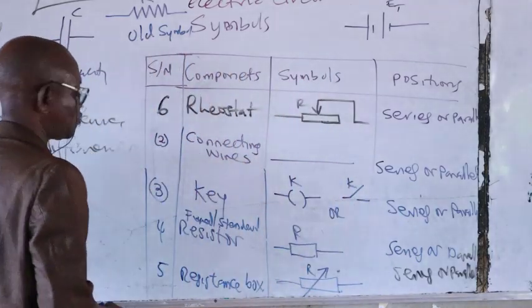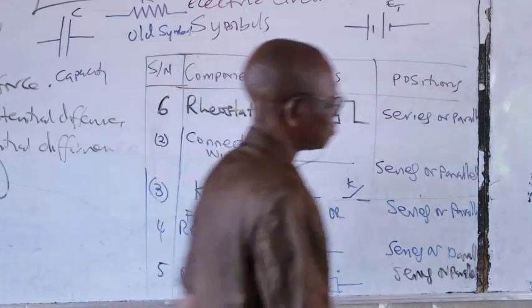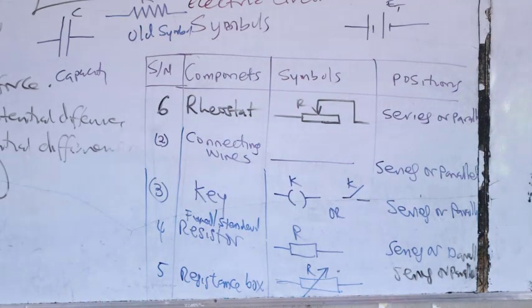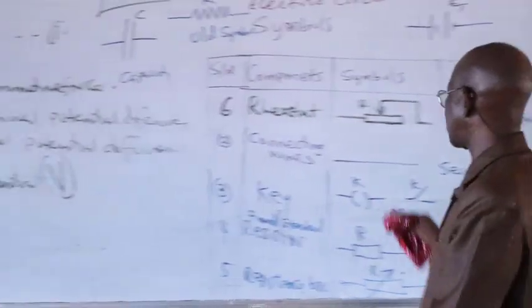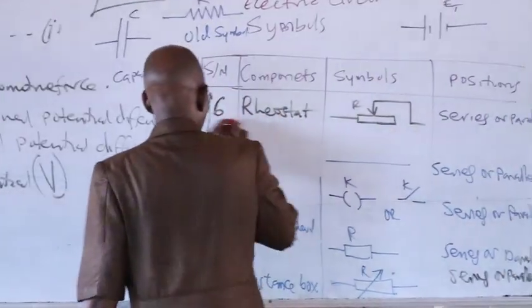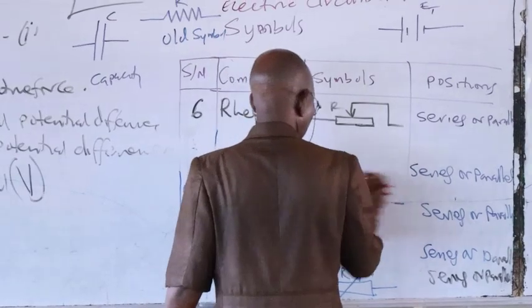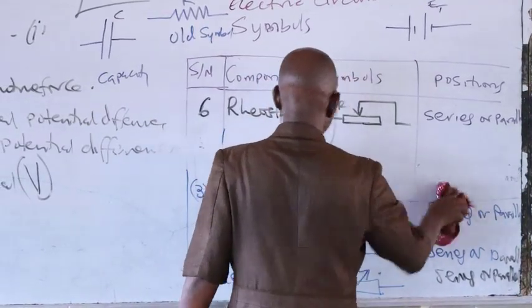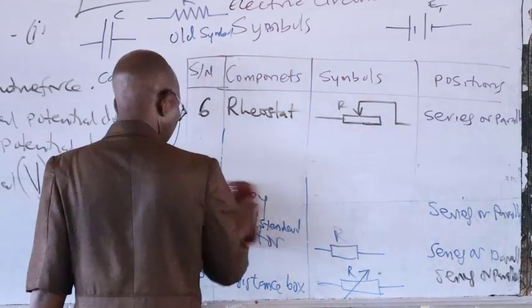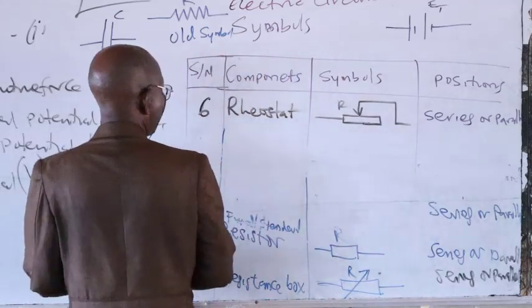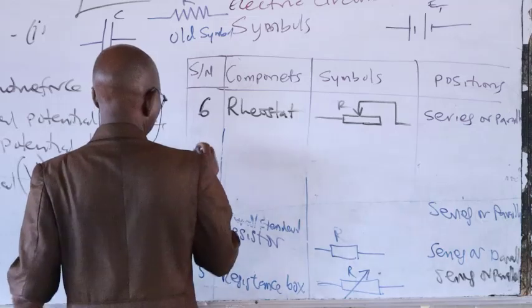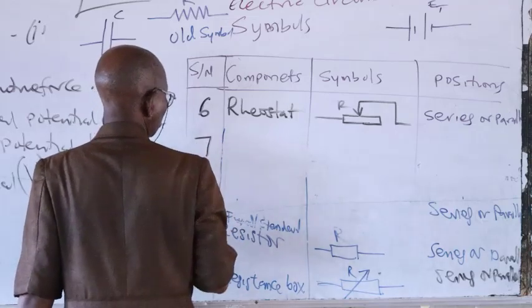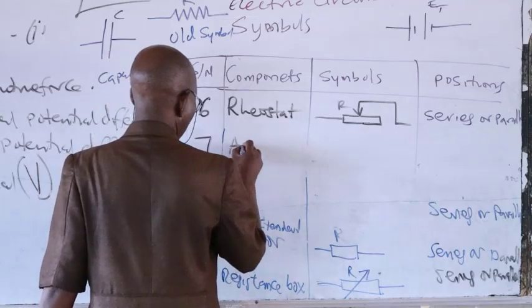Rheostat is number 6. Number 7 will now be the meters. The 7th component is the ammeter.